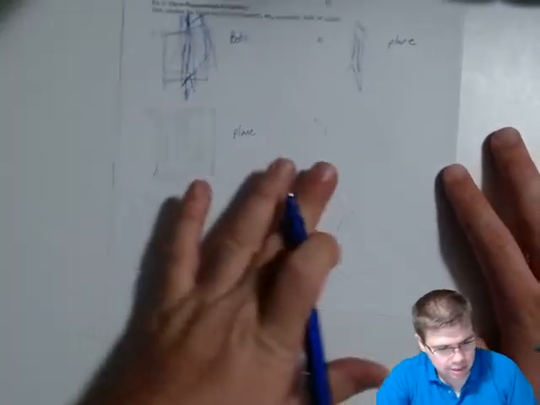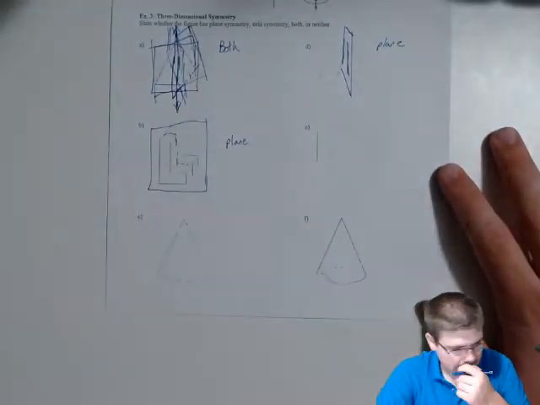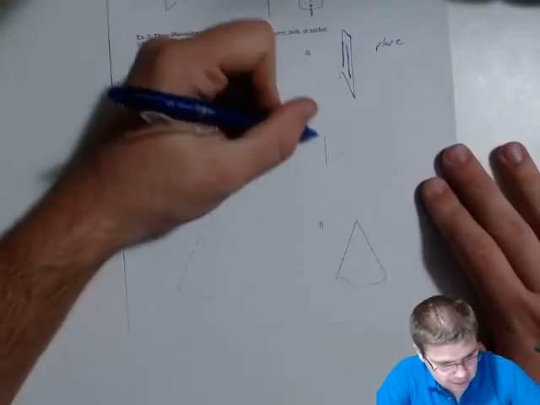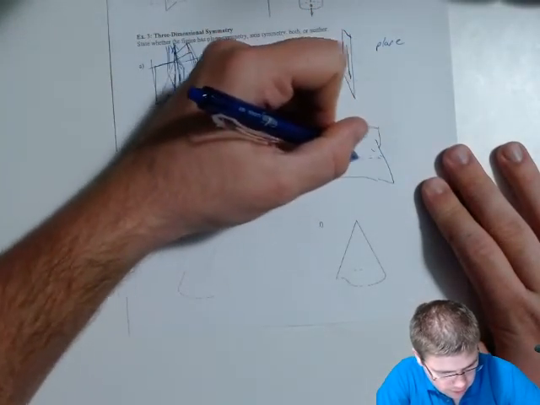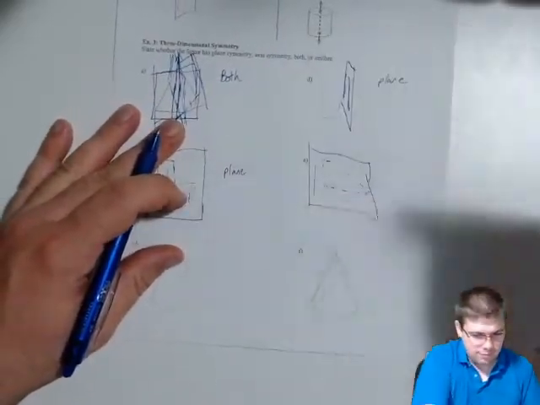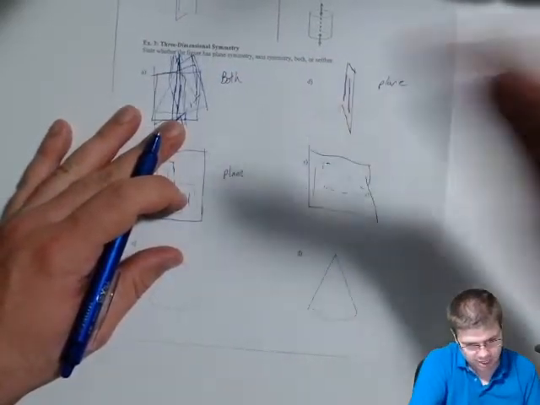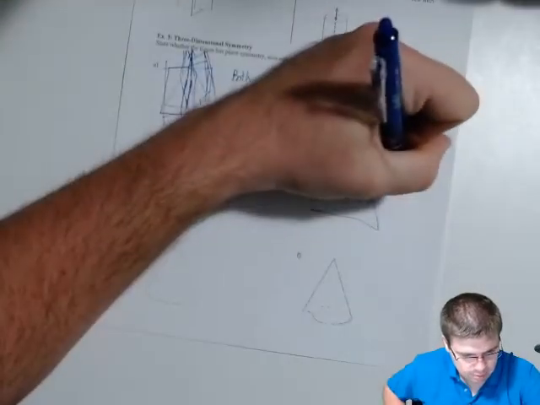This next one is a triangular prism, a right triangle, and this prism going back. We could slice it in that sideways direction, through there and up there, and slice it in half. But no rotational symmetry for that one, so just plane symmetry.